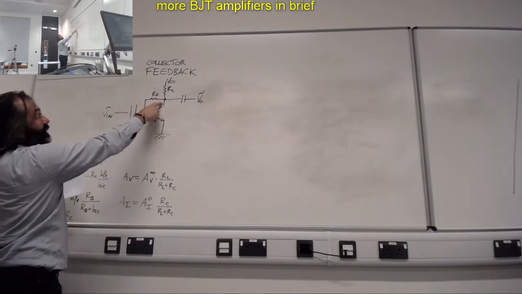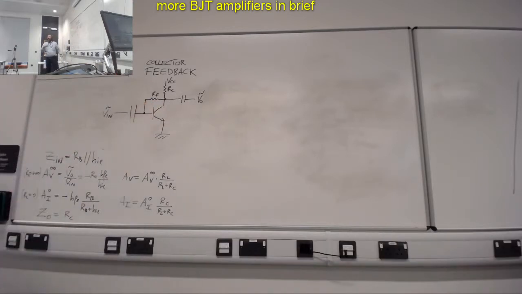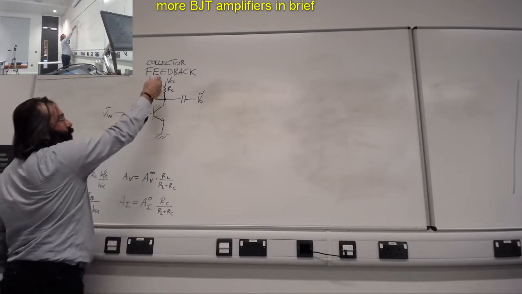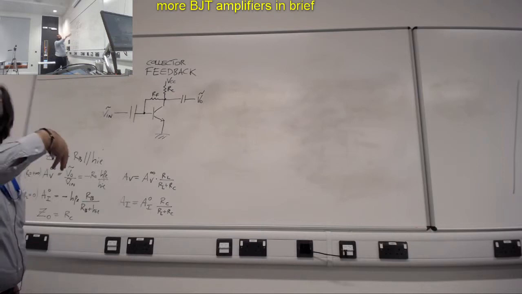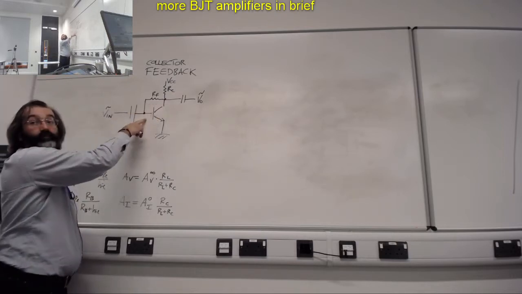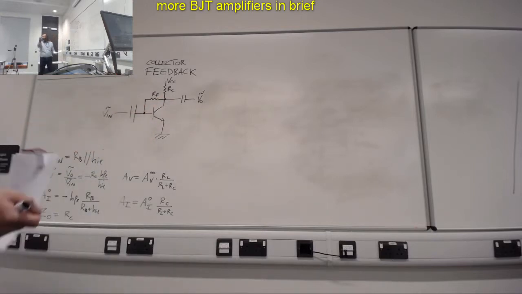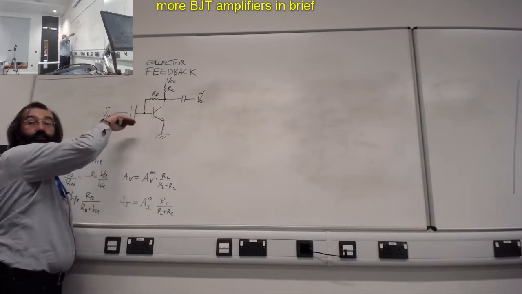You can see it connects the collector with the base, and so you can see the feedback in action when you think that if IC is going up or going down, this will be reflected into IB. That's how the feedback works. A part of the output is being returned into the input.